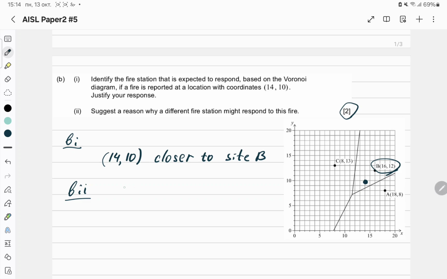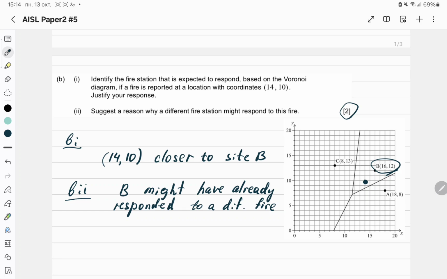One of the reasons is that fire station B might have already responded to a different fire. Or we can say that the Voronoi diagram only considers straight line distances, so a different fire station might have a shorter driving route to the fire. Whatever option you choose, it will be correct.